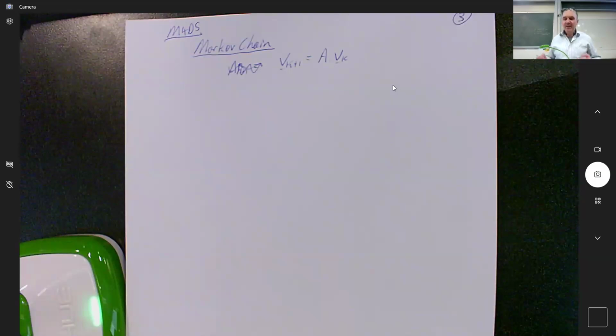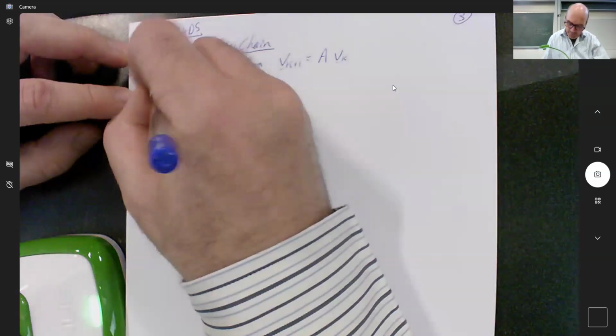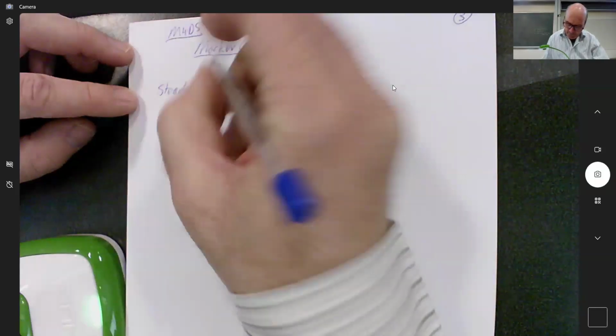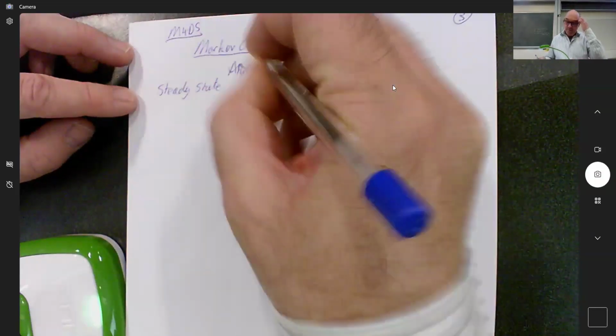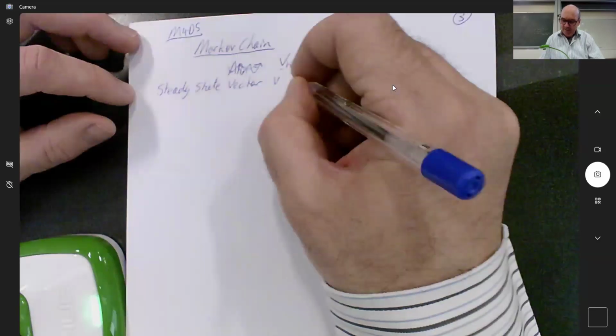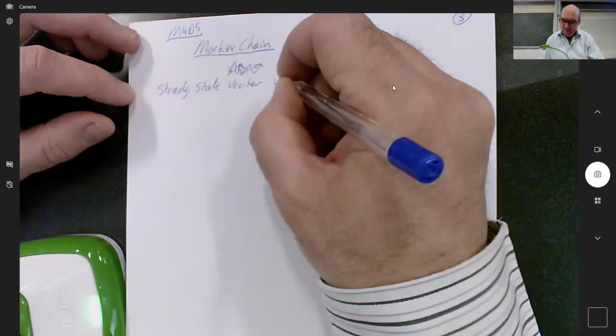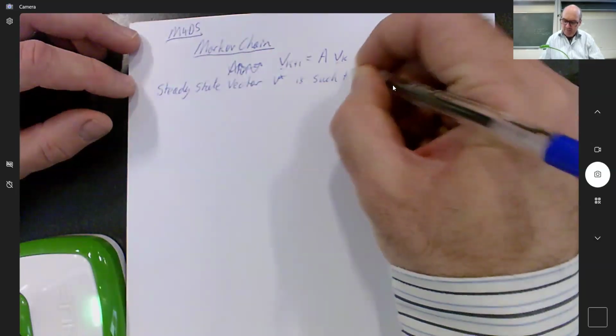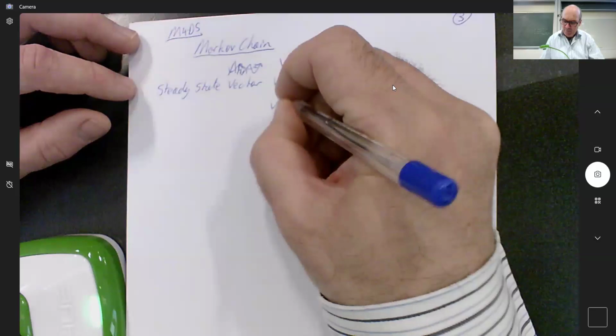So I'm not going to go into this, but I'm going to talk about the steady state vector. My steady state vector, V, and they quite often write V star, is such that V star is equal to A times V star.